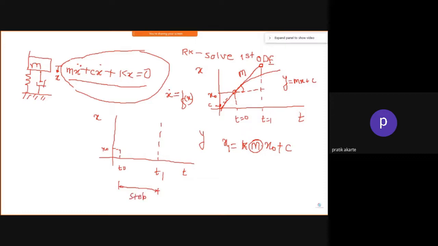When we are solving, we may take not a single slope but multiple slopes at different locations, maybe here, maybe here. If I'm taking two slopes, the method is called a second order method. If I'm taking three slopes, it is called a third order method. If I'm taking four slopes, it is called a fourth order method. And to take these slopes and solve, it becomes difficult.